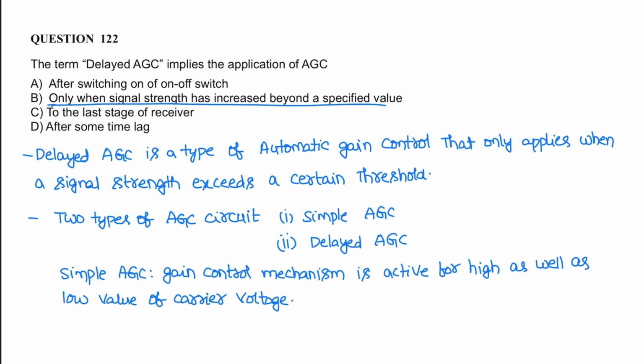There are two types of AGC circuits: simple AGC and delayed AGC. In simple AGC, the gain control mechanism is active for high as well as low values of the carrier voltage, whereas in case of delayed AGC, the automatic gain control only applies when signal strength exceeds a certain threshold. Correct option is B. Next question.